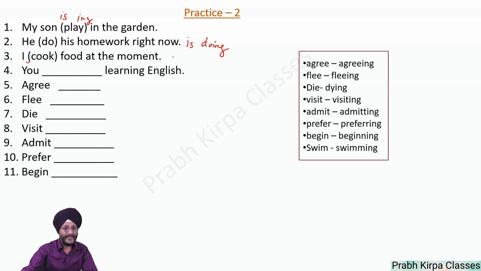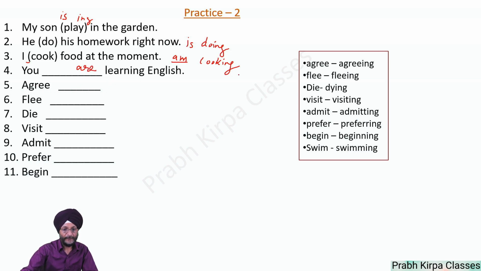"I", as already told, in the case of first person, we add am when the subject is I. "I am cooking food at the moment." And as already told, when the subject is you, you have to mention are.